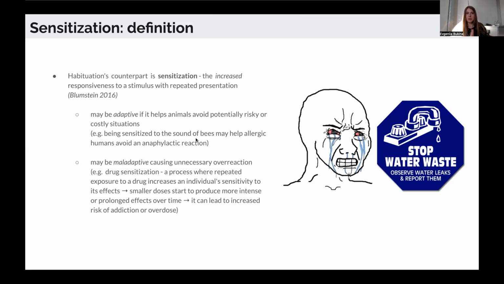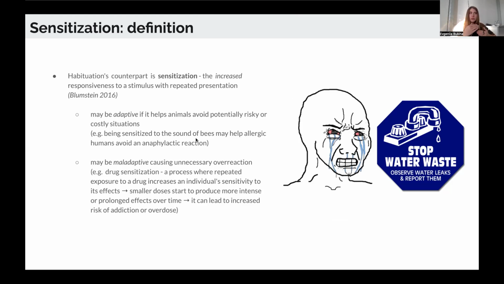And it could be maladaptive, for example, drug sensitization. Since I'm a pharmacist, I know about that a little bit. When one uses amphetamines or opioids, it can happen. In the first use, it's fine, it's how it's expected.